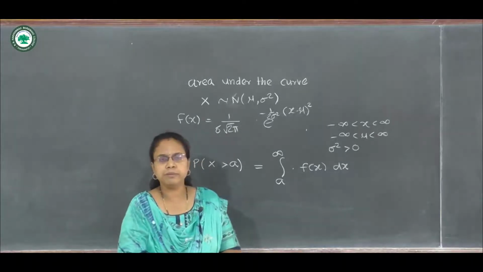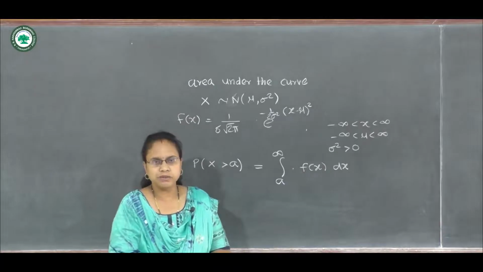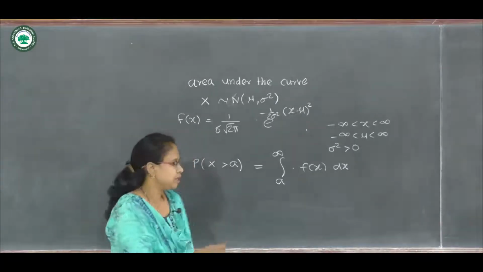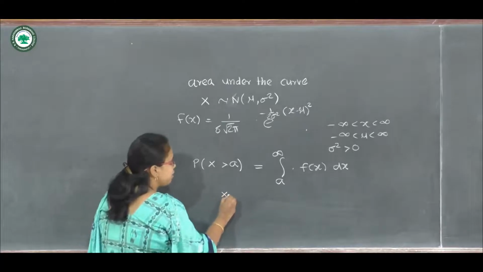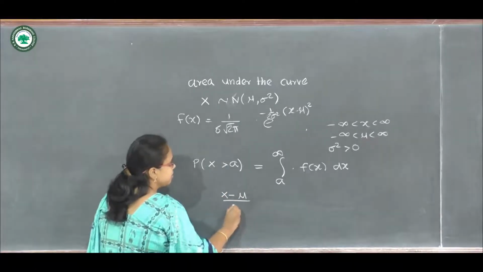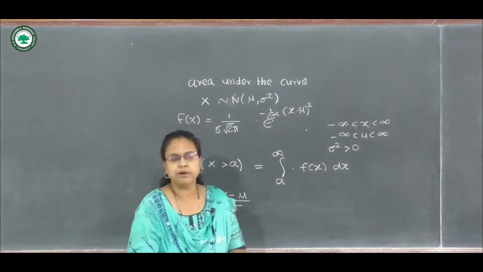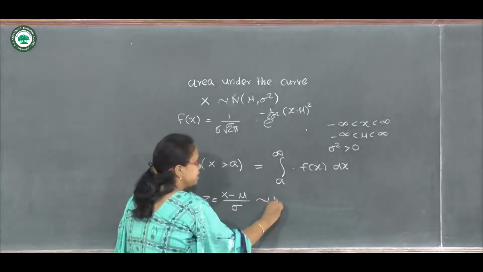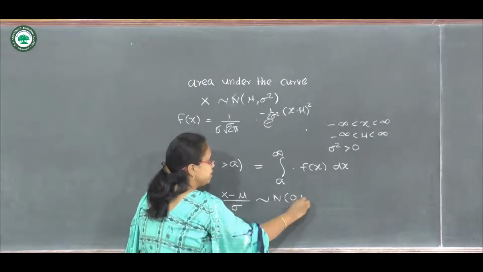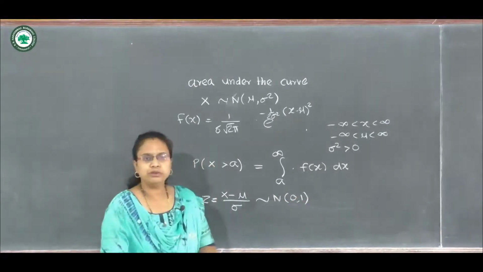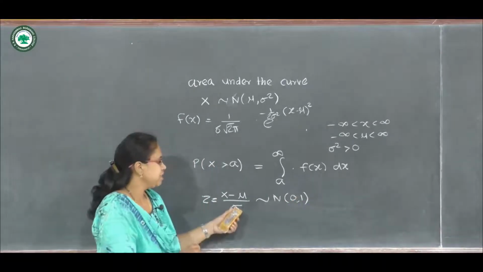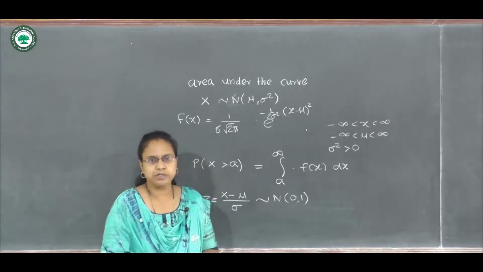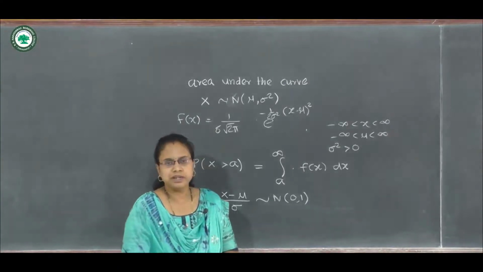So for that purpose, we will first convert that variable into a standard normal variable by using this transformation: z equals x minus mu upon sigma, which is the standard normal variable. Then we are going to calculate these probabilities by using the standard normal probability distribution table, which is easily available to us.